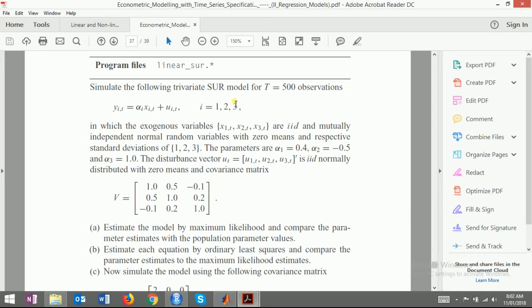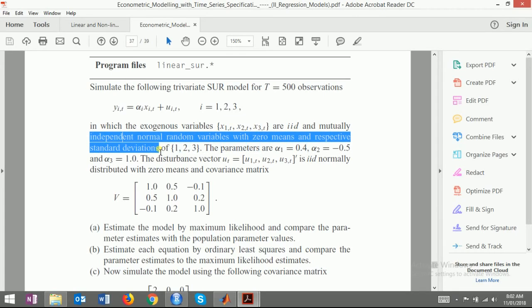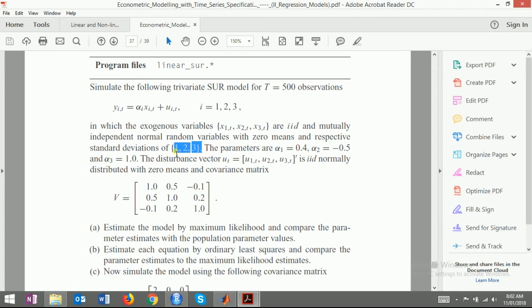Again, remember, when we are talking about simulation, in the functions we take the given values, we simulate the disturbances from the given omega value. Using that disturbance, we simulate dependent variables. That is simulation.